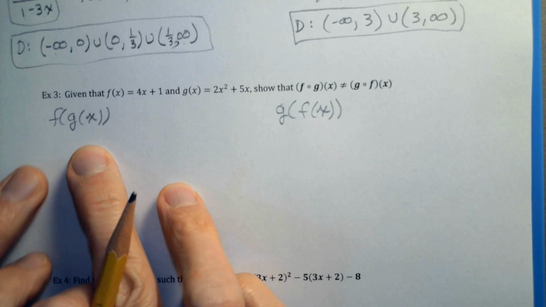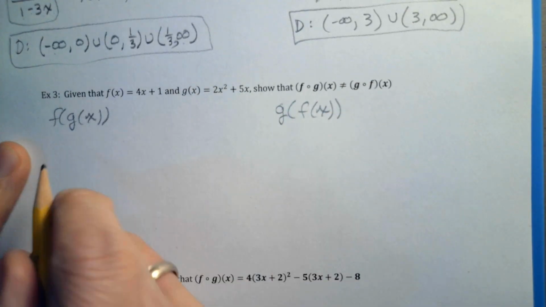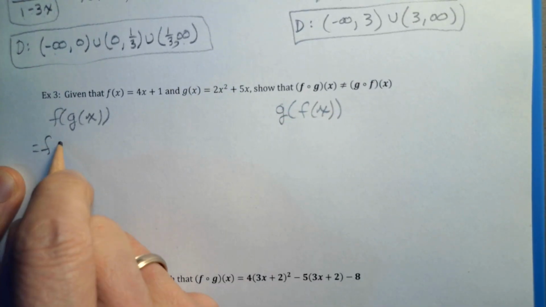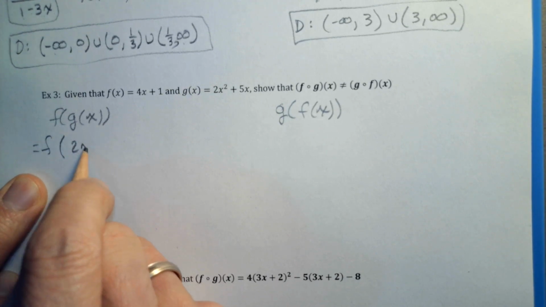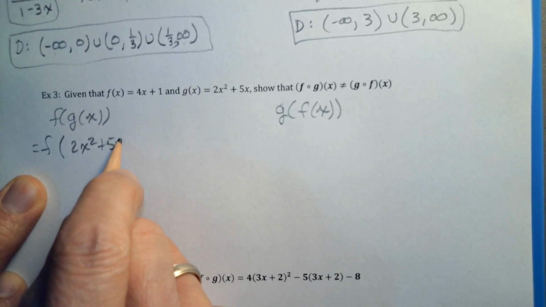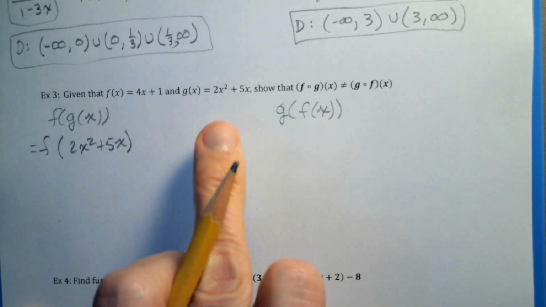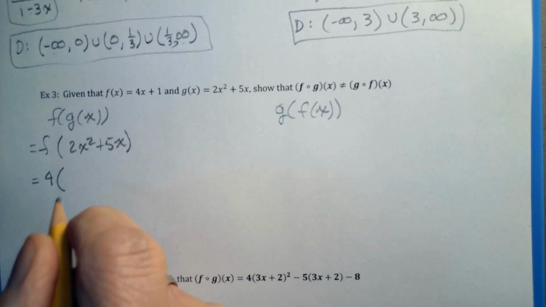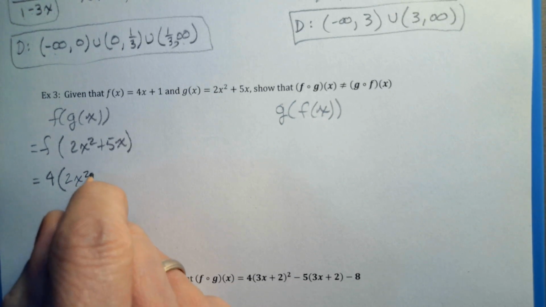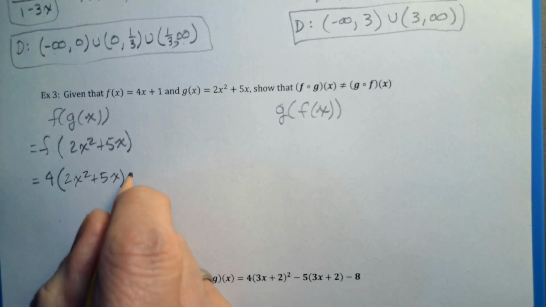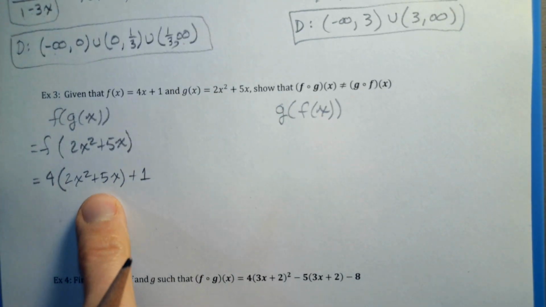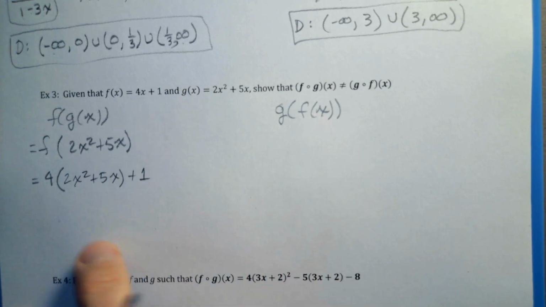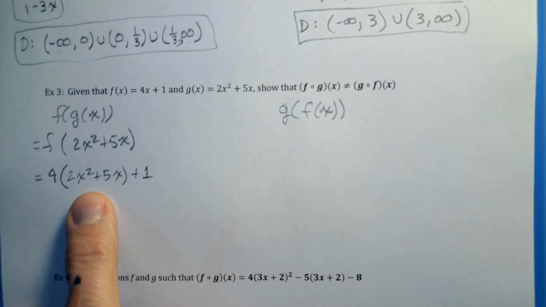So g of x, that's this function, so we have f of 2x squared plus 5x.